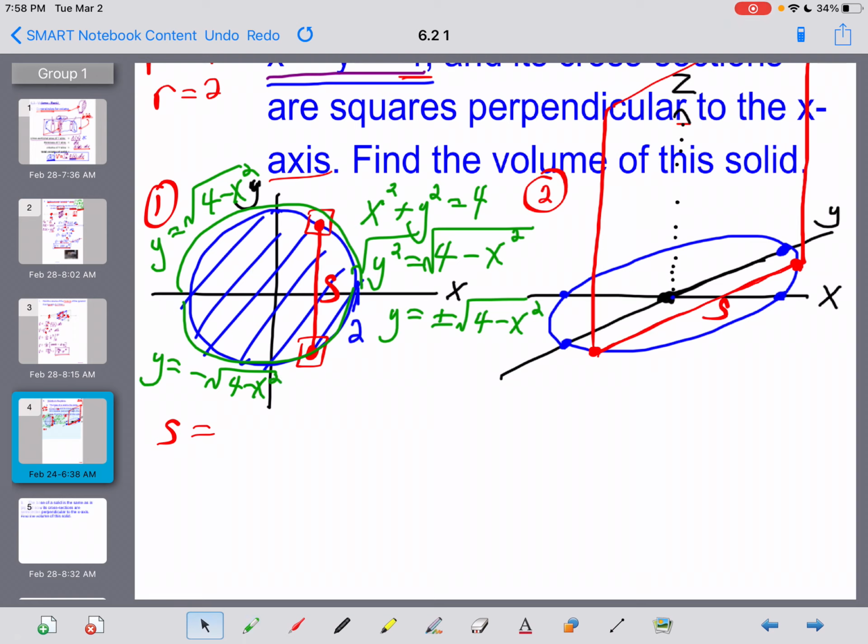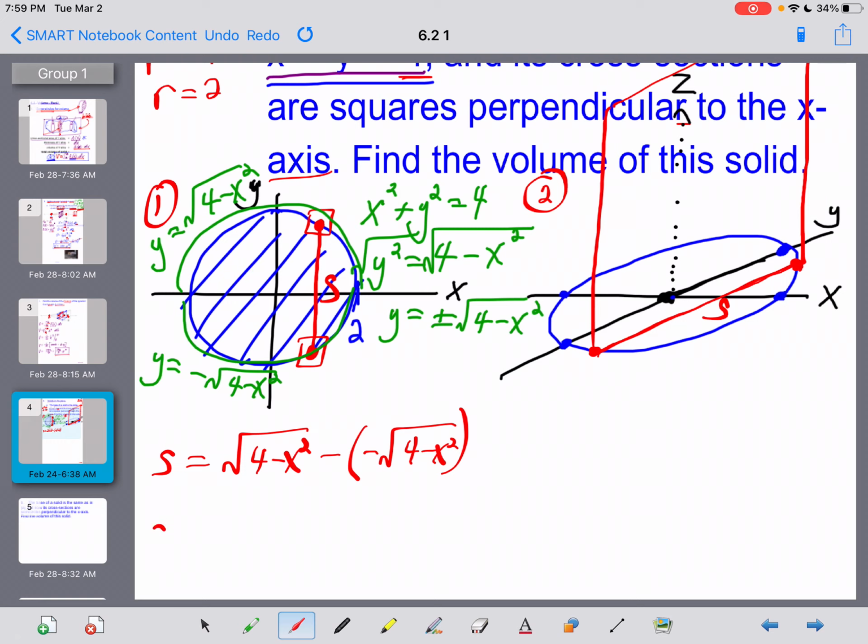So, when we go to figure out how long S is, which is not constant, it's going to be different depending on your x coordinate here. S is the top function minus the bottom function. The top function is the square root of 4 minus x squared, minus the bottom function, which is the opposite of the square root of 4 minus x squared.